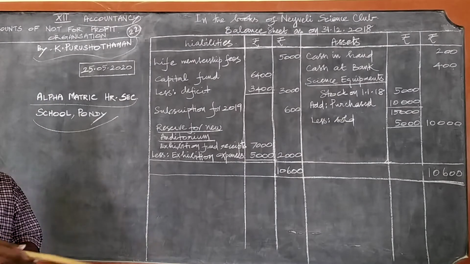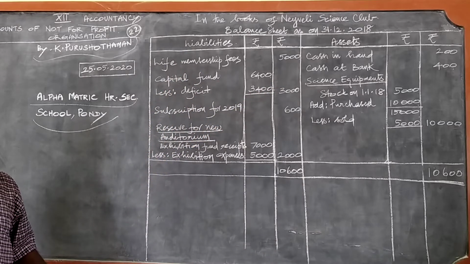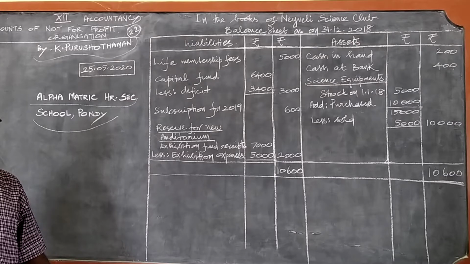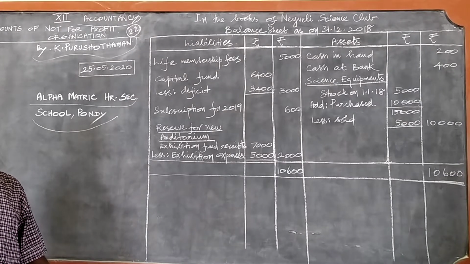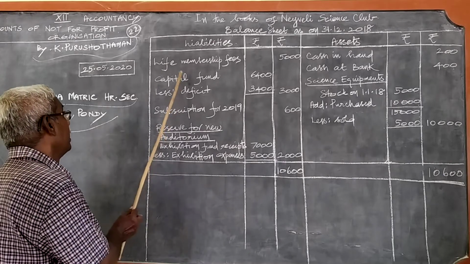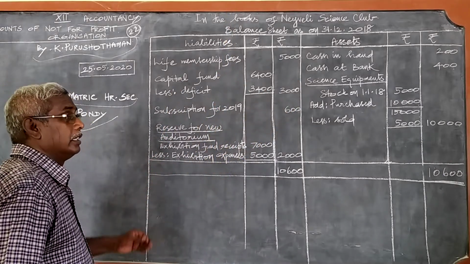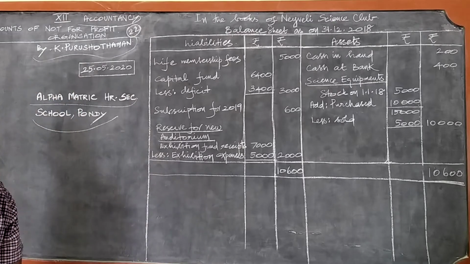If there is any surplus, we can add with the capital fund. If there is any deficit, we will less it. But in this problem, under income and expenditure account, there is a deficit. Therefore, less deficit. And go to the additional informations.